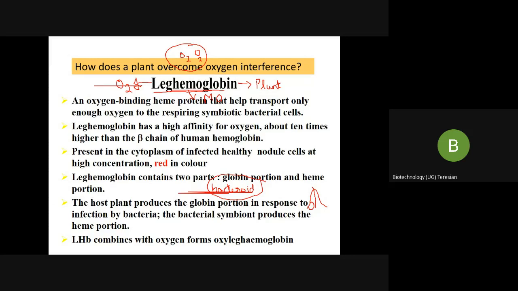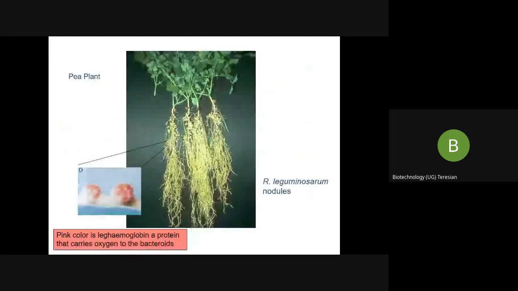Now it has all the reservoirs of oxygen, and this can supply the bacteroid with the oxygen. See, this is how your leguminous plant looks. You can see the roots, and this is the nodule. Look at the nodule color.